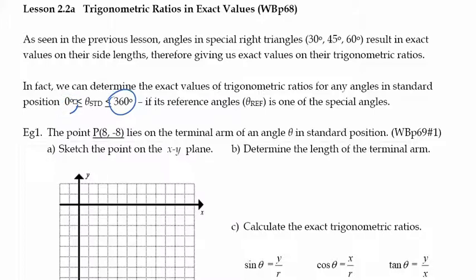Not just 30, 45, and 60. But what if we have an angle that goes all the way to the second quadrant, the third quadrant, or the fourth quadrant? How do we find the exact value for these angles in standard position? And how do we use their reference angle to simplify the work?